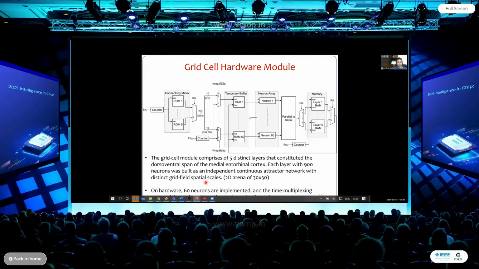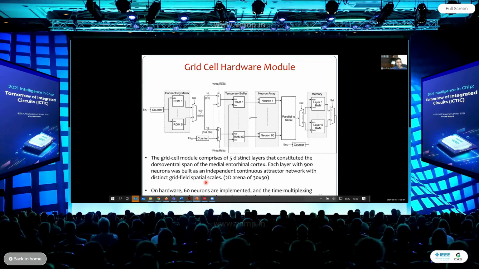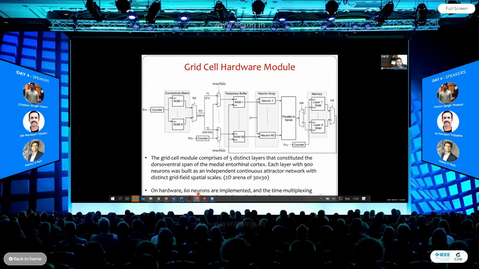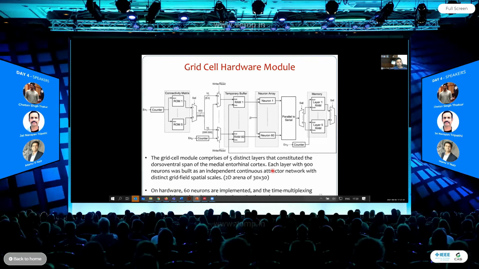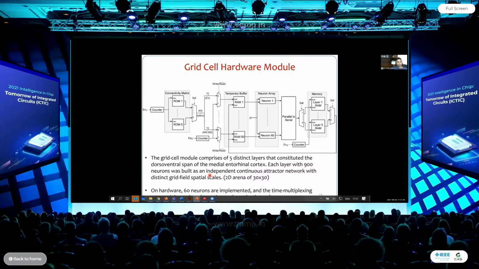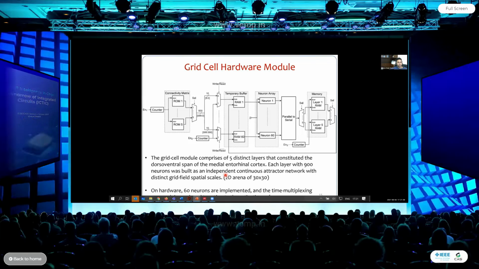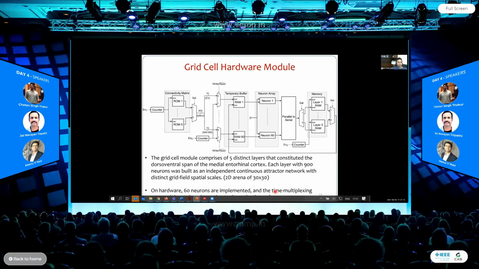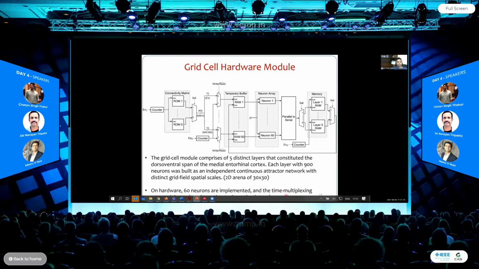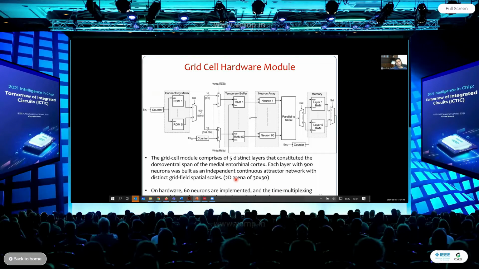As we discussed, if you go from dorsal to ventral, you will have distinct sizes of the grid field. In hardware, we didn't implement the whole 900 times 5, which is 4,500 neurons. Instead, we just implemented 60 neurons, and we use a time multiplexing approach rather than implementing the whole 4,500 neurons. So that's the grid cell structure.